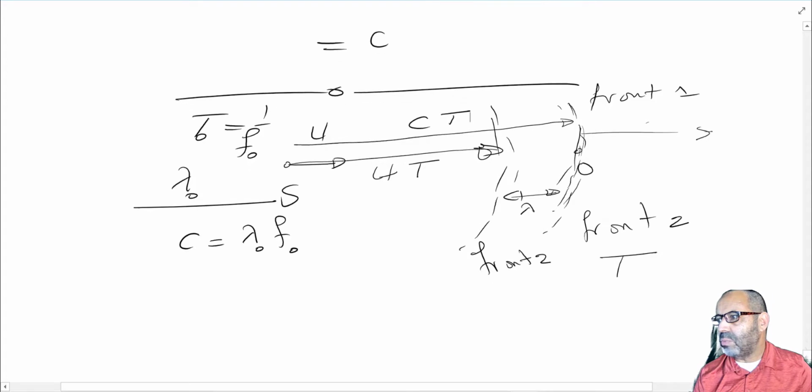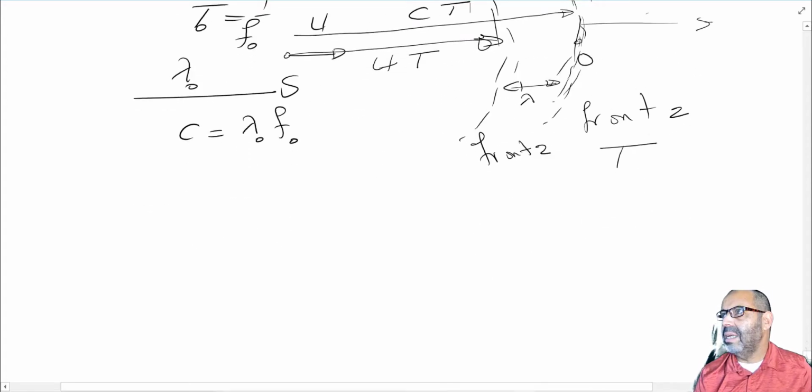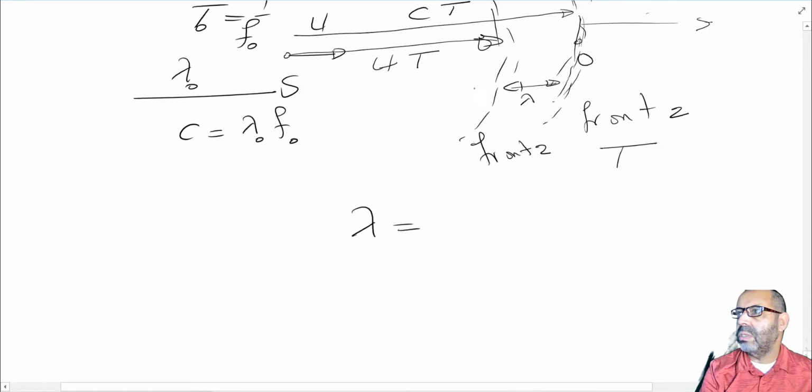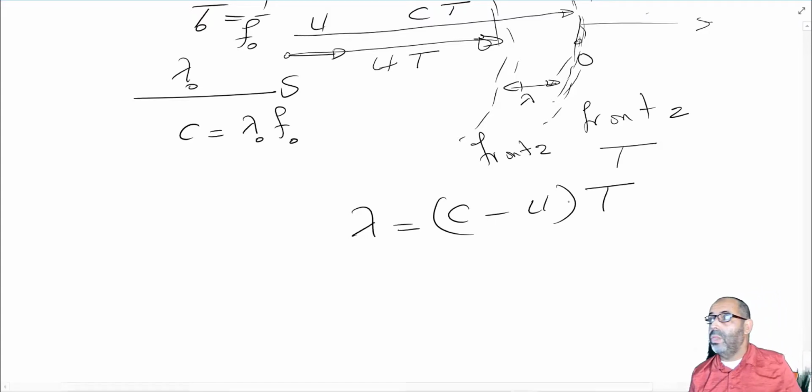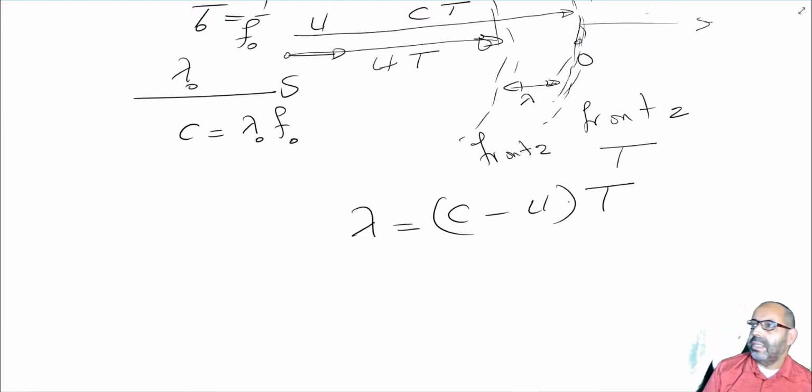So for that observer, he sees that this wave has a wavelength which is just the distance between the two wavefronts, which is just c minus u times t. That is the wavefront that person measures. However, this t is not really the t naught. It's because that's his measurement.